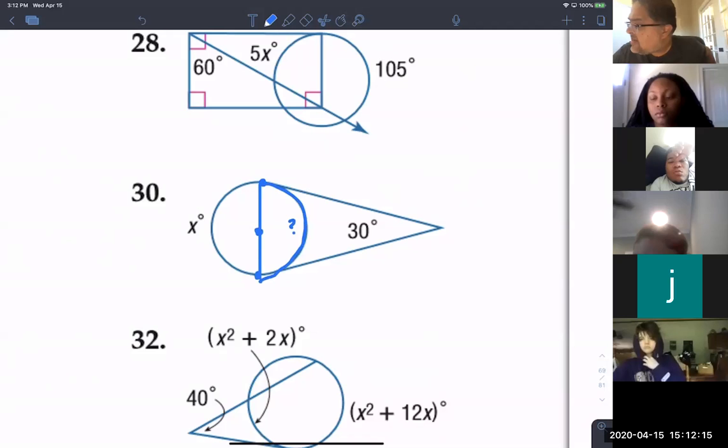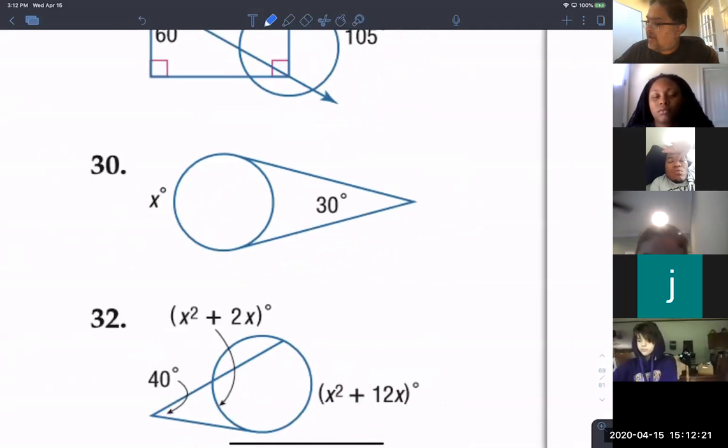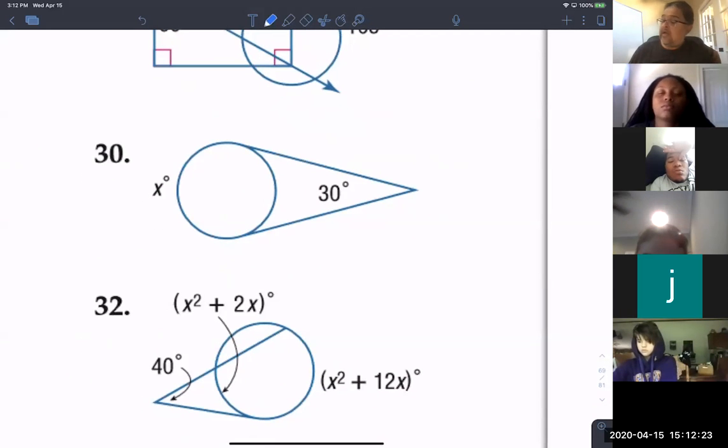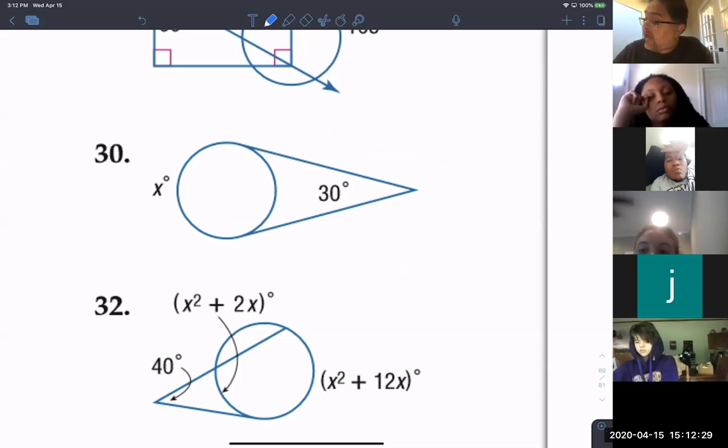Okay. Now, let's look at how the problem was given to us. Without me making a change to that problem, this is how you would approach it. You would say, okay, that's the measurement of this arc.